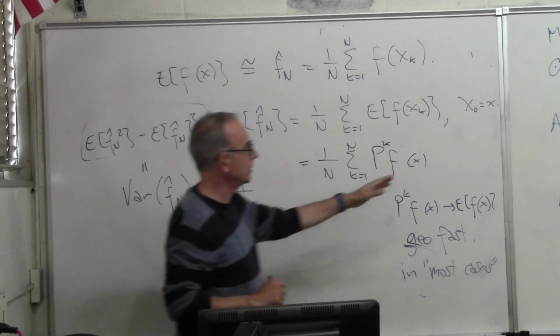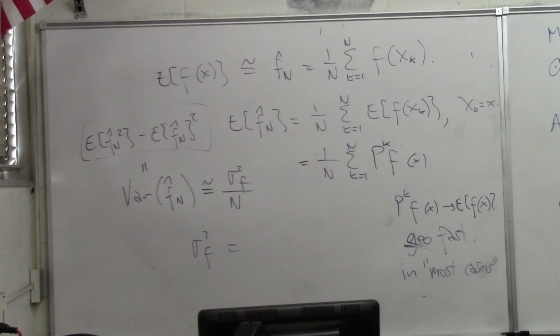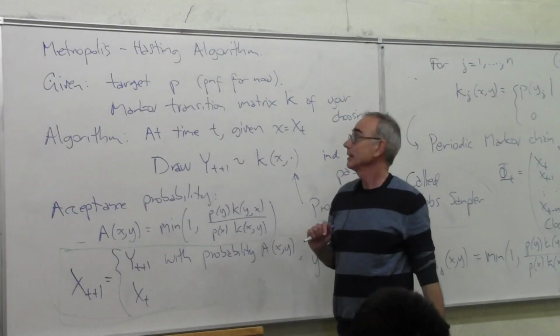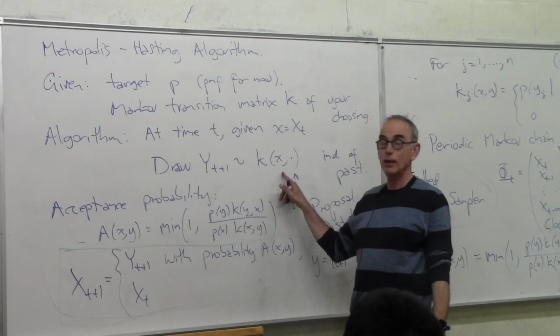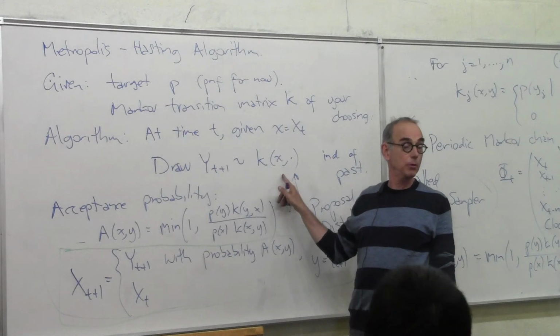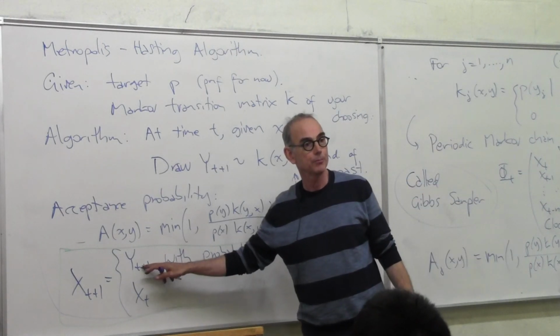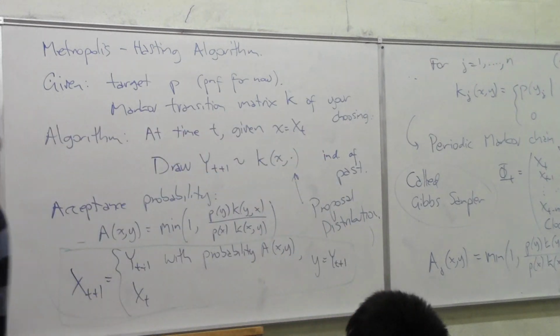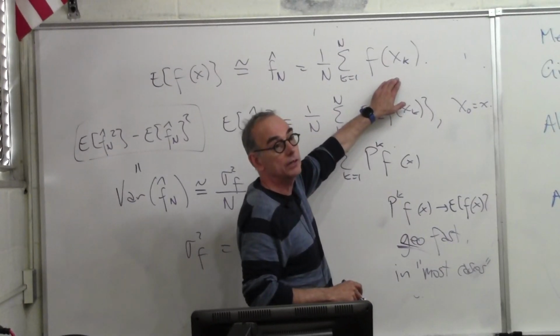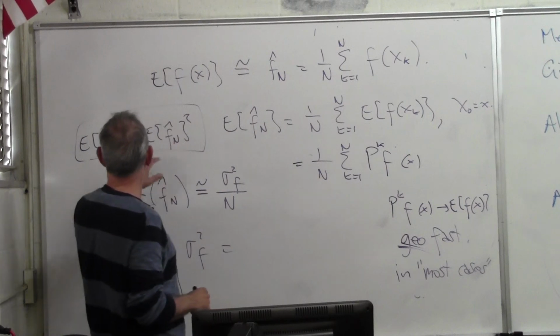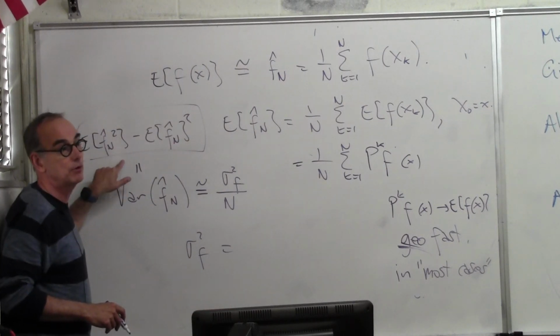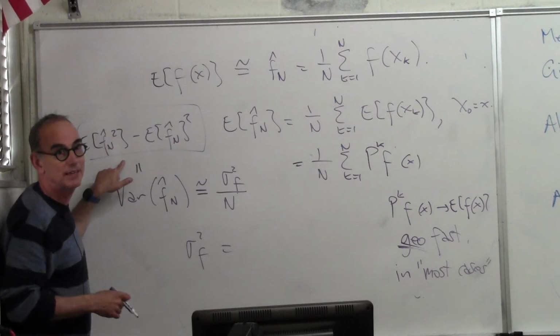And remember how the dynamics went. We stayed still with some probability. We draw according to this distribution, and we either stay still or we move forward. So you can imagine there's a lot of dependency between these two guys. And so we can't take the expectation of this estimator squared and think everything is going to cancel out.